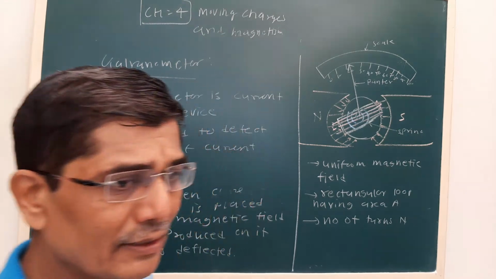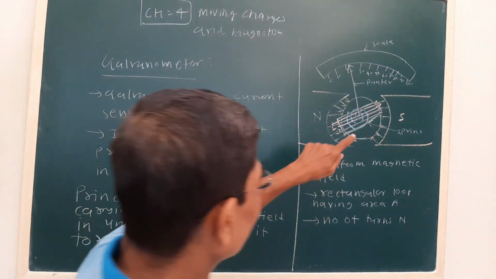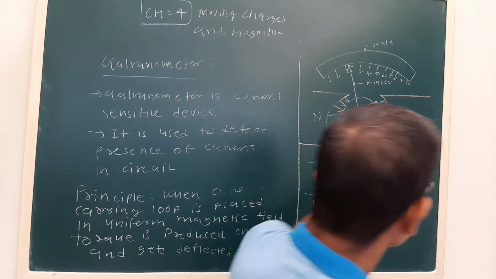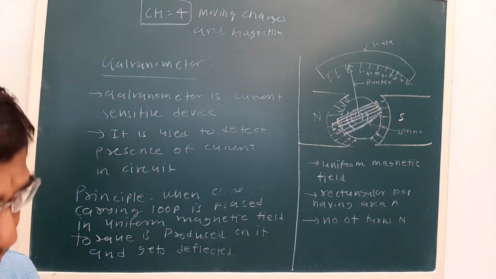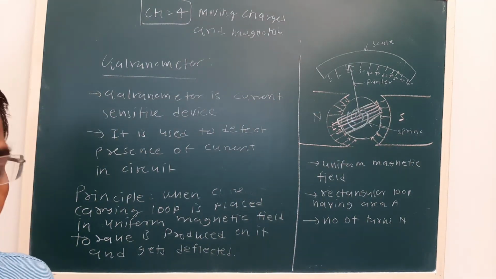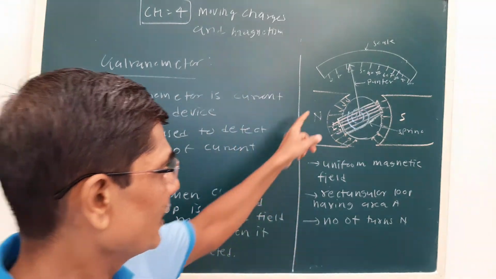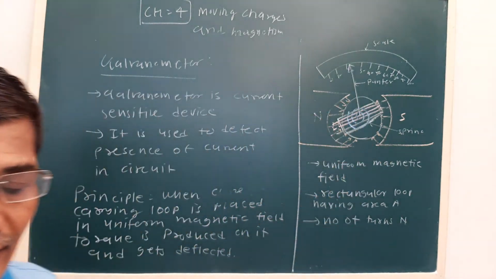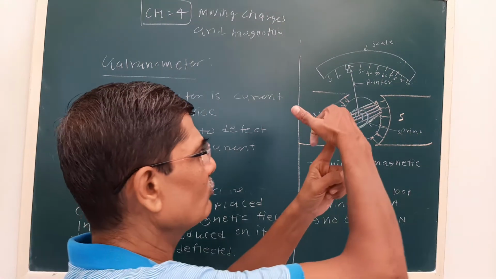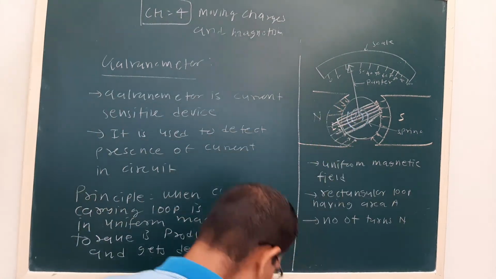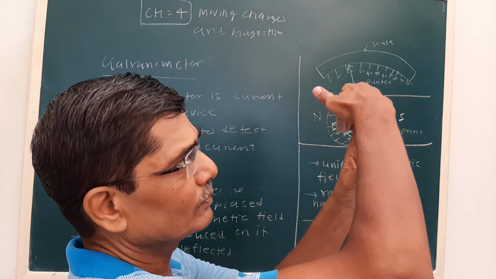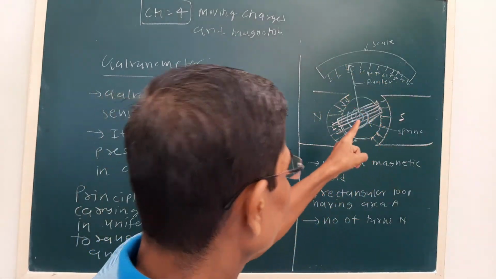Now, to provide a uniform radial magnetic field, a cylindrical metallic cylinder is placed, so that will ensure there is a uniform magnetic field. Now, see, the device is pivoted like this, so it can move freely on its pivot.